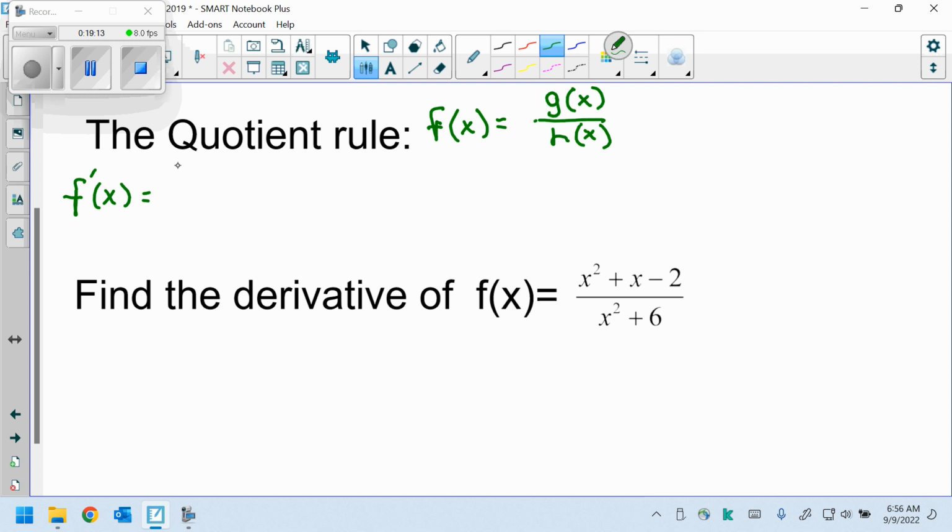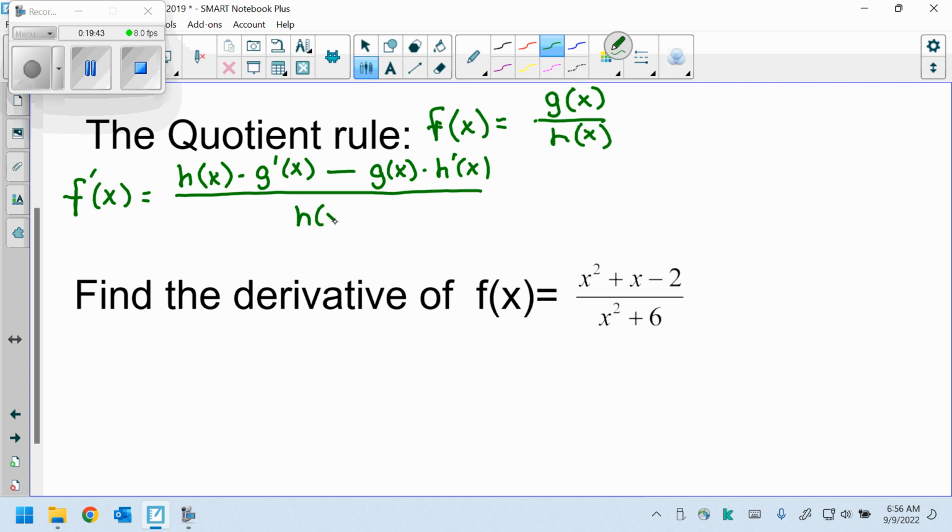It's the thing on the bottom, which is h of x, times the derivative of the thing on the top, minus the thing on the top, times the derivative of the thing on the bottom, divided by that bottom thing being squared.